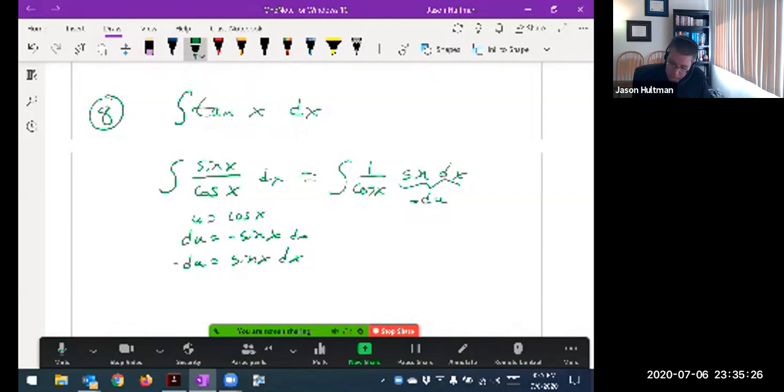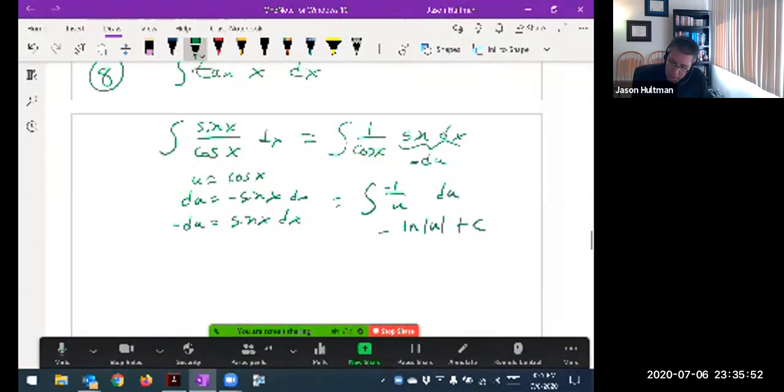So this is really equal to the integral of 1 over u, negative du. I'll put the negative 1 there. Now what is the integral of this? Well, isn't that just negative natural log of absolute value of u plus c? It's kind of cool.